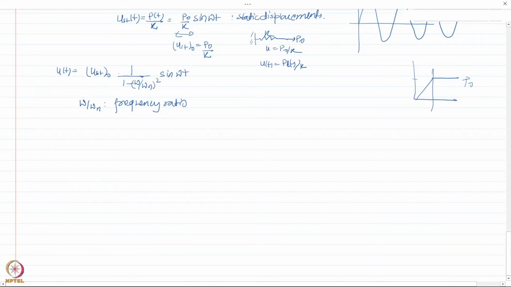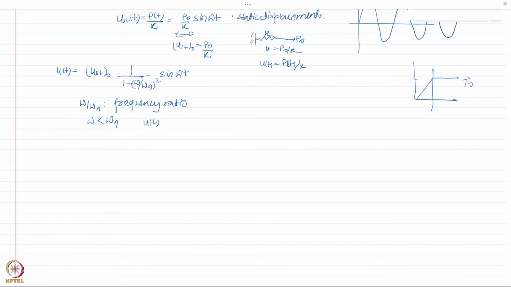The first case is when omega, the applied frequency, is smaller than omega n. What will happen? This denominator term would be positive and u(t) would have the same sign as sine omega t. So u(t) varies according to whatever the variation of the right hand term, the same as the applied force in the same direction.